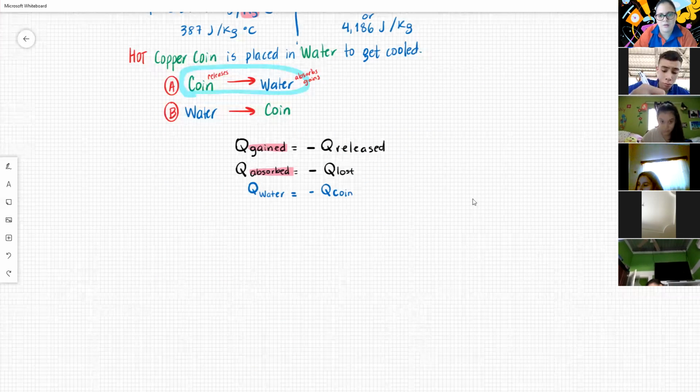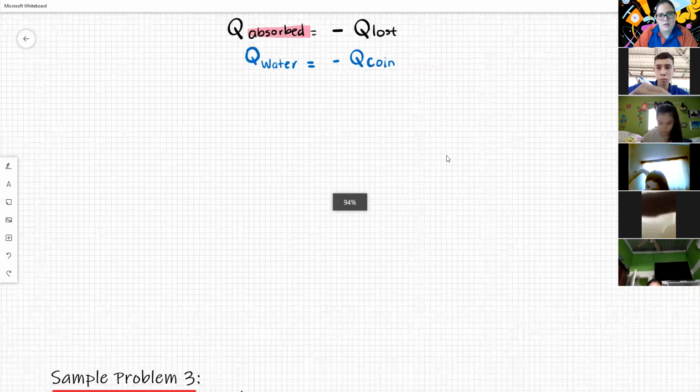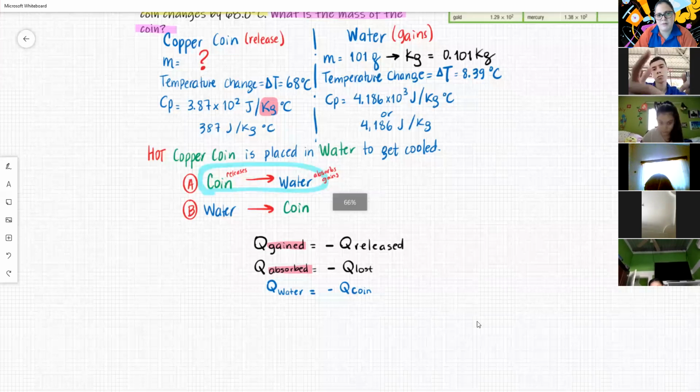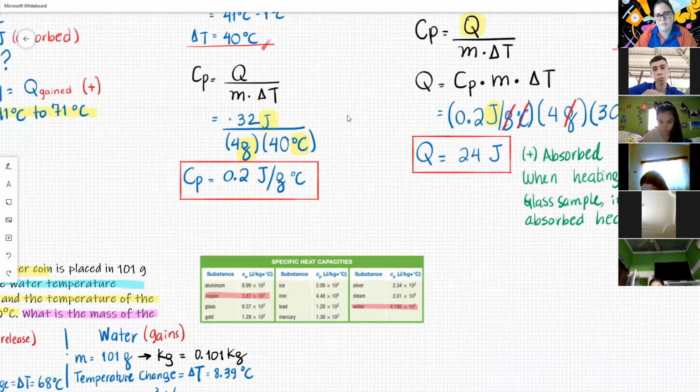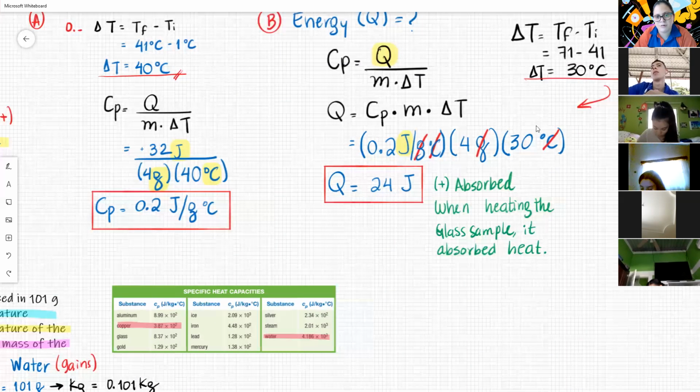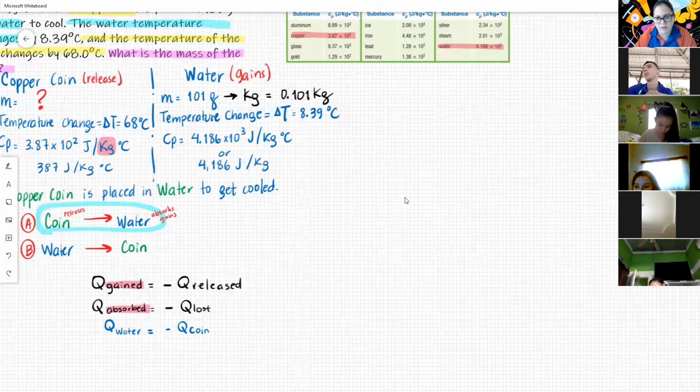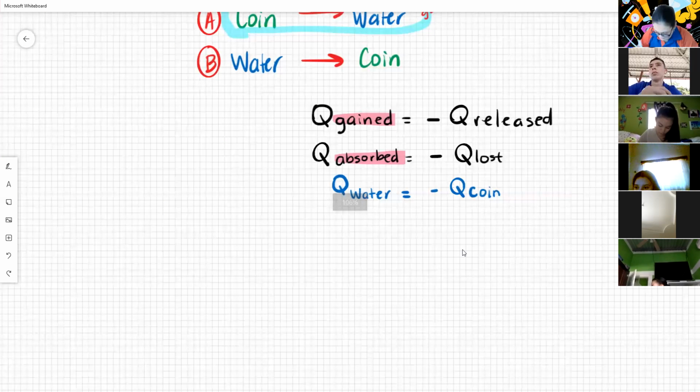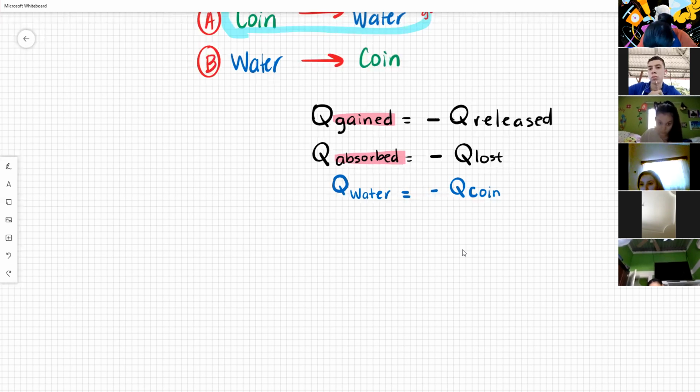Now, remember what we did here, that we isolate for Q, that is equal to specific heat, mass, and temperature. You're going to apply the same over here. So you say Q water is equal to CP of water times the mass of the water times delta T of the water.